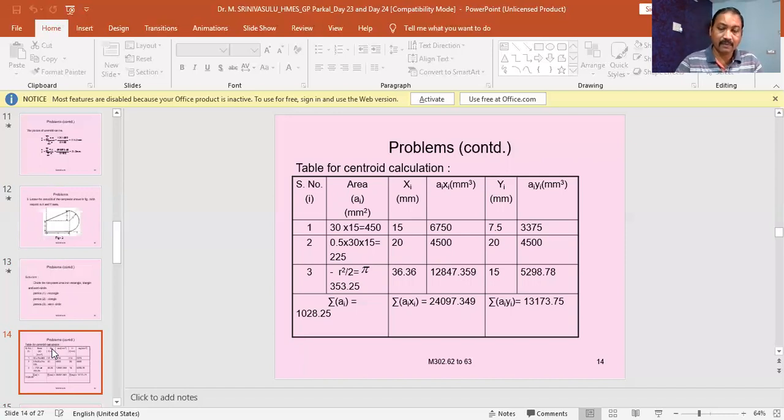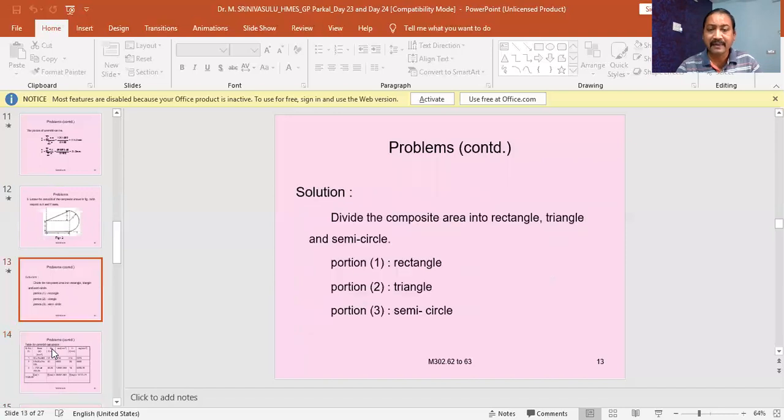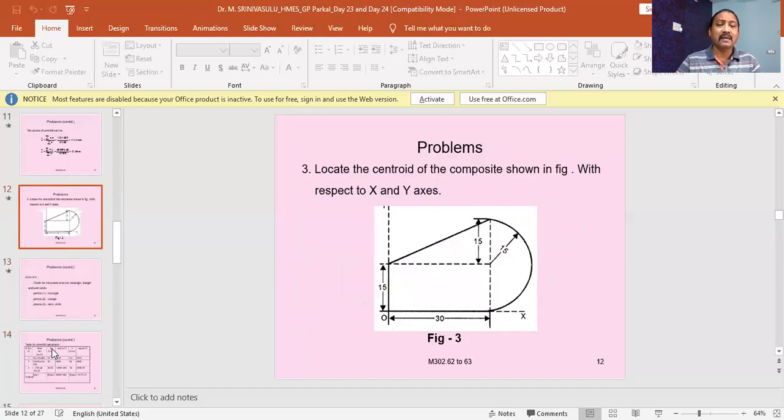Here one of the important things we have to know is that the given figure is neither symmetrical to the x-axis nor symmetrical to the y-axis. So it is not symmetrical to any axis.